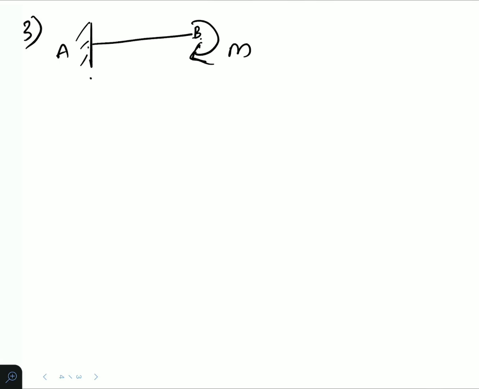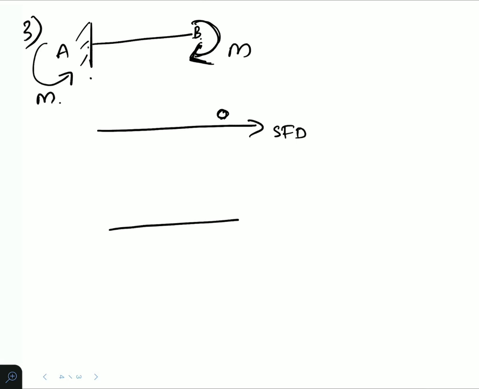If this is acting clockwise, then the moment should act in the anti-clockwise direction in order to resist this. In the shear force diagram there is no force, so 0 will be the value. So this is a case of pure bending. Only bending moment is acting.